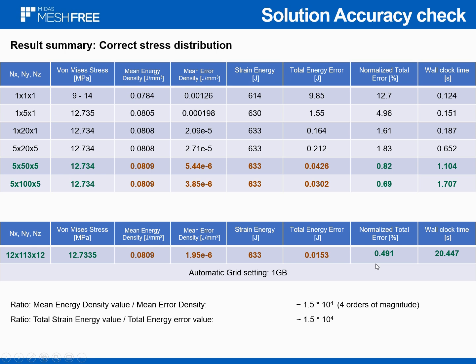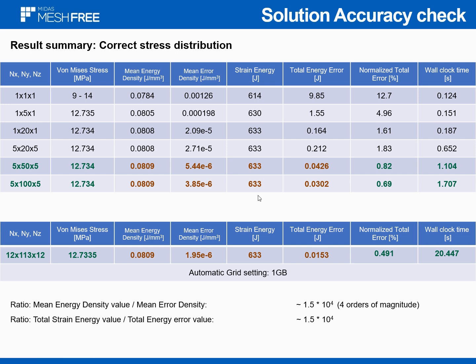And that's actually my tip to all of you. When you are working with MeshFree, you have to look at and compare those values as a reference to the total normalized error. If this ratio is 4 orders or higher, then we can expect our model is accurate.